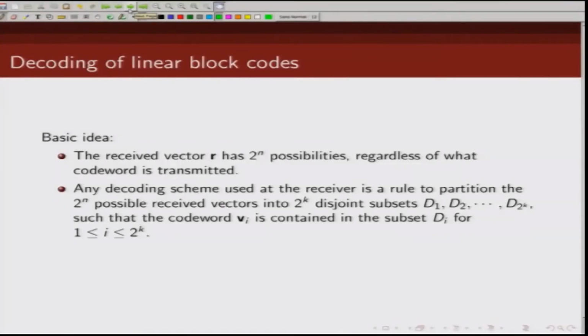Any decoding scheme is basically to partition these 2^n possible received code words into 2^k disjoint subsets. The word disjoint is important because we don't want overlapping decision regions.